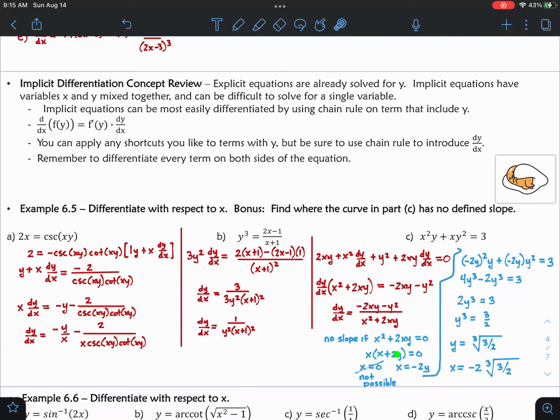I can factor a bit. I end up with two solutions: either x is 0 or x is equal to -2 times whatever y is. Immediately I rule out x equals 0, because if I try to plug x equals 0 back into the original equation for the curve, you cannot get it to work. So we're exclusively interested in x equaling -2y.